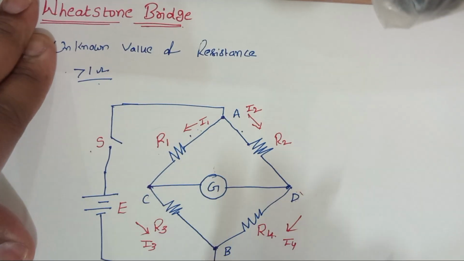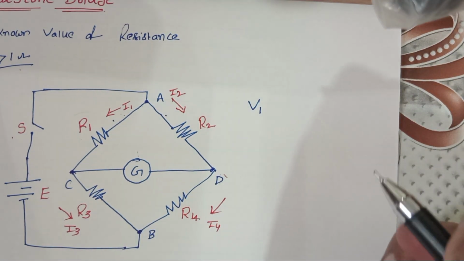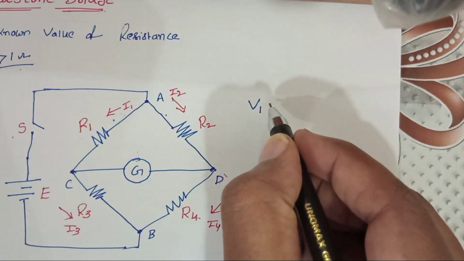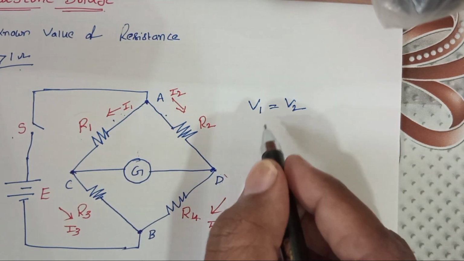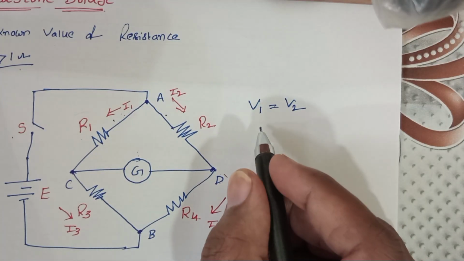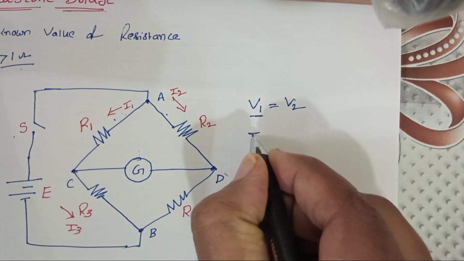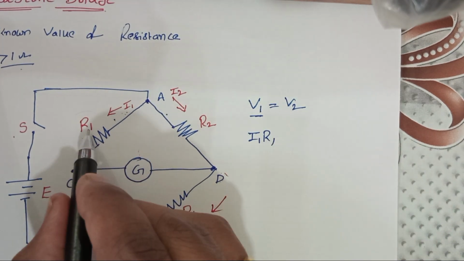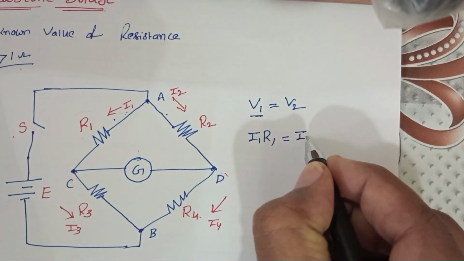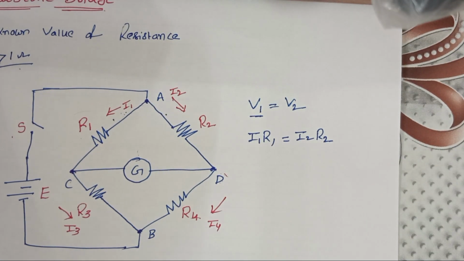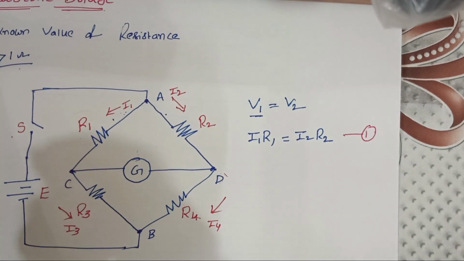So I am assuming V1 is the voltage in the first branch, equal to V2, the voltage in the second branch. According to Ohm's law, V equals IR. So V1 can be written as I1 R1, which equals V2, written as I2 R2. Let this be equation number 1.